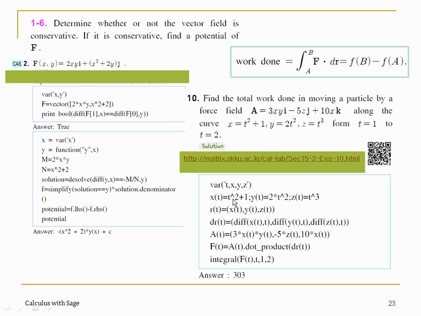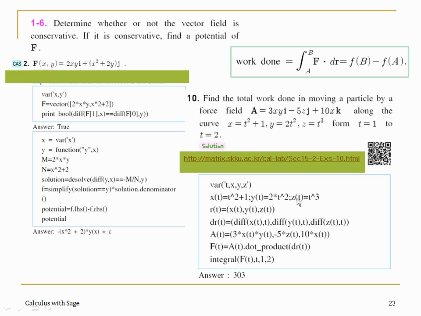First part, x of t should be substituted in 3xy and 5z and x. We substitute this: x is t squared plus 1, y is 2t squared, and z is t cubed, and such.